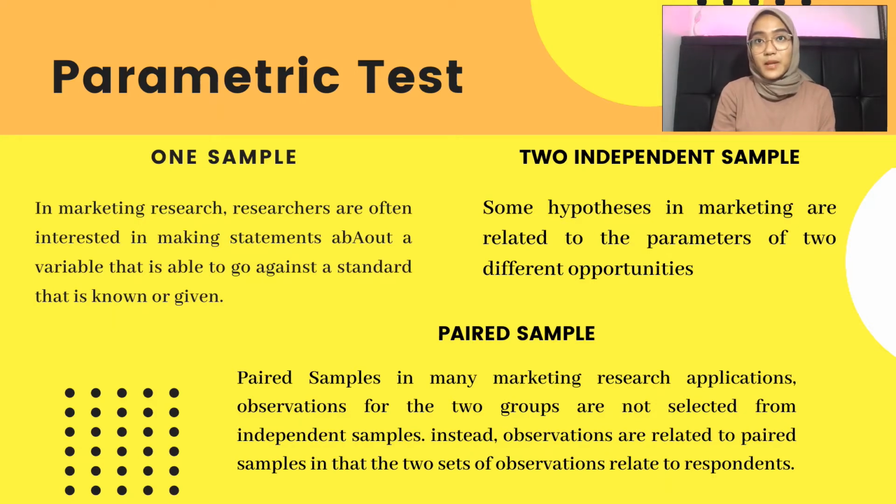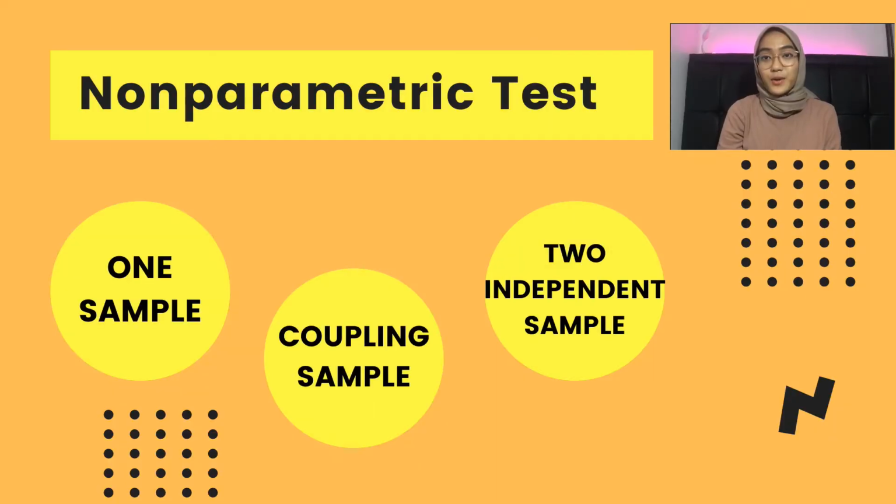Paired sample: in many marketing research applications, observations for the two groups are not selected from independent samples. Instead, observations are related, in that the two sets of observations relate to the same respondents. There are also non-parametric tests: one sample, paired sample, and two independent samples.